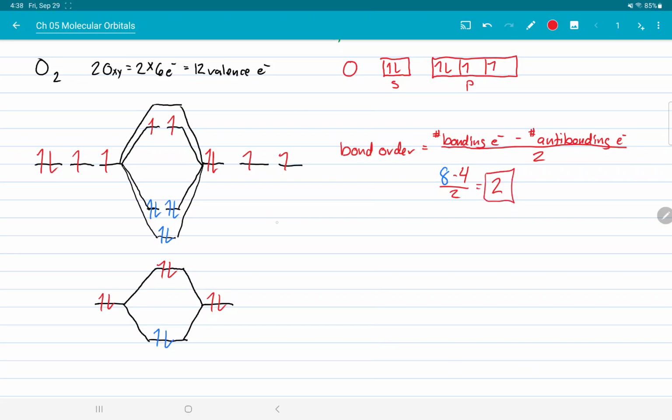And generally, as we would draw the Lewis dot structure for oxygen, we would probably draw it with a double bond to make sure that everything had a nice octet.